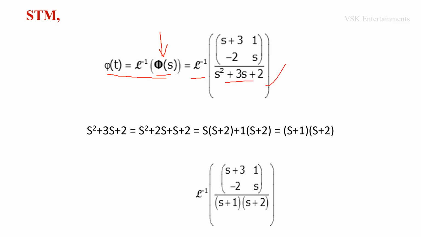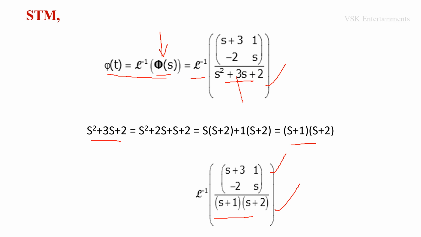Now consider this one and make it into factors. By considering s square plus 3s plus 2, the factors are s plus 1 into s plus 2. Just substitute here. That is, the inverse Laplace transform of this matrix with these factors, s plus 1 into s plus 2. Now consider each and every factor and apply partial fractions.